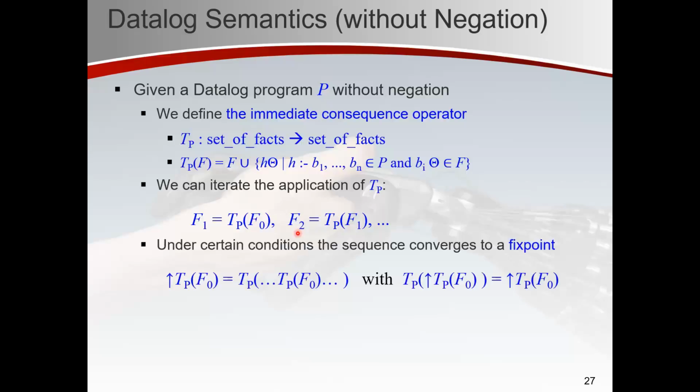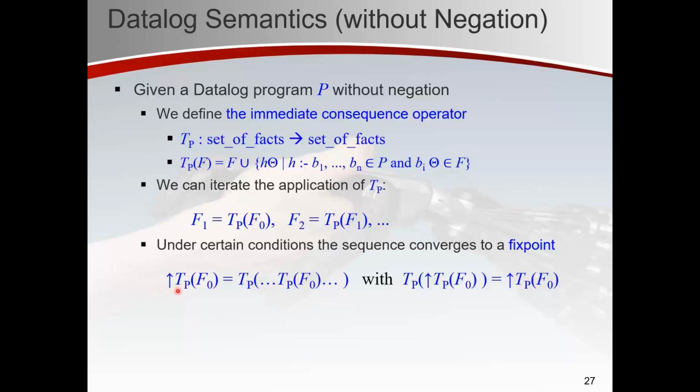If we do this, then under certain conditions, the sequence converges to a fixed point, and a fixed point means that if we go on applying this operator, nothing will change. So that's this condition here: TP of F0 stays the same when we apply TP.